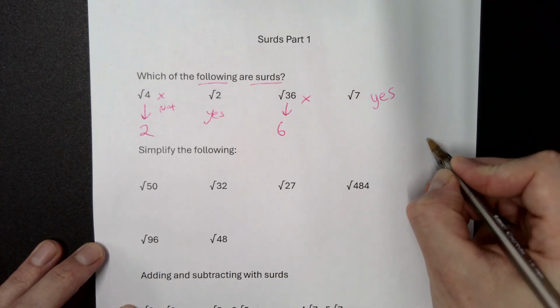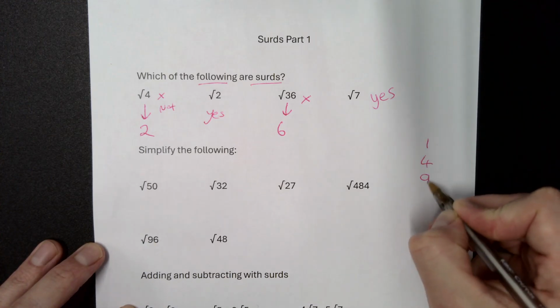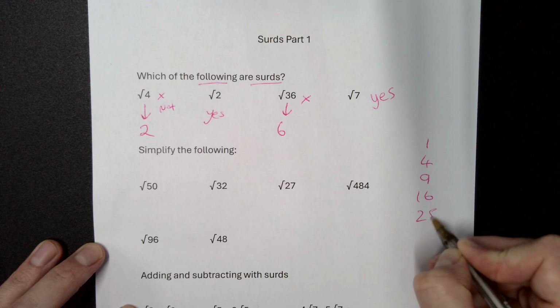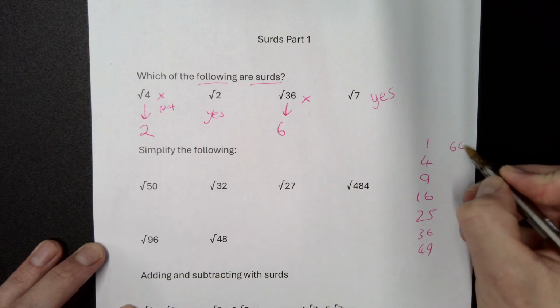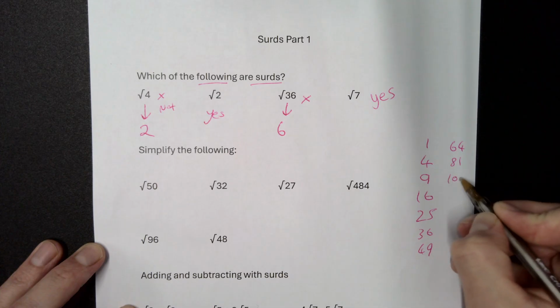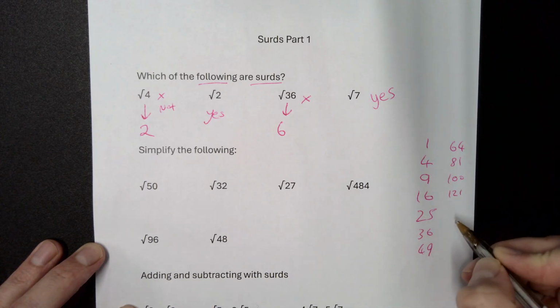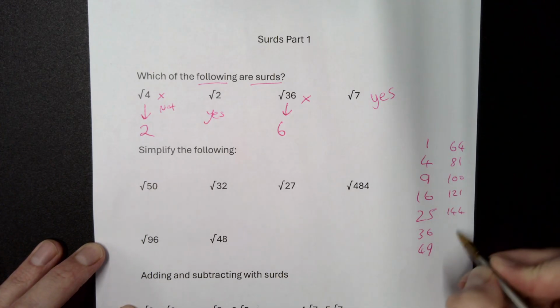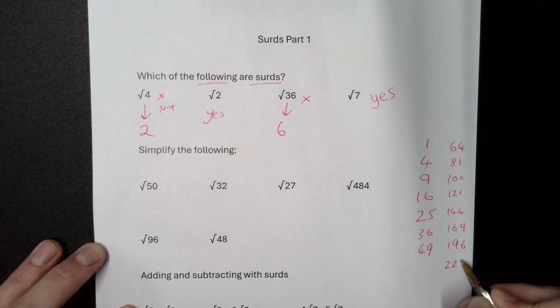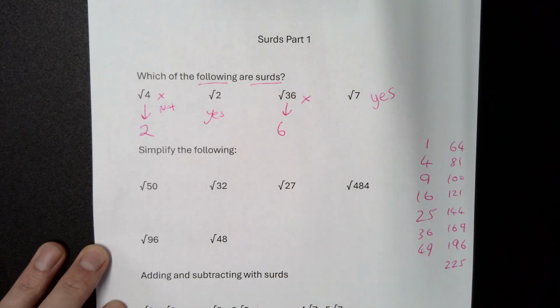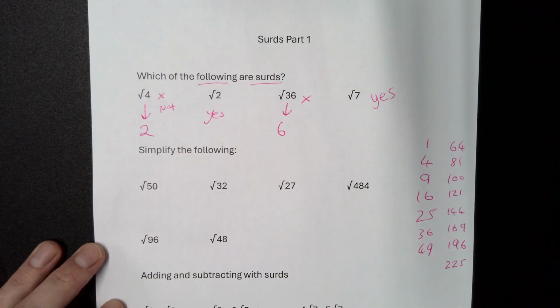So you've got 1 squared is 1, 4, 9, 16. We're supposed to memorize the first 15, so up to 225.